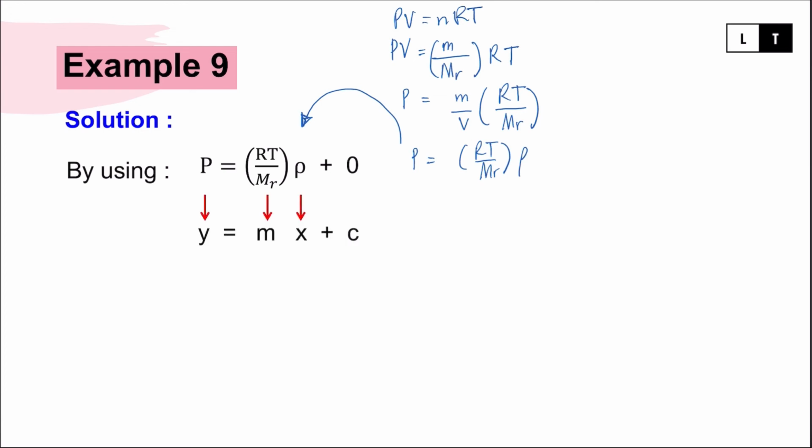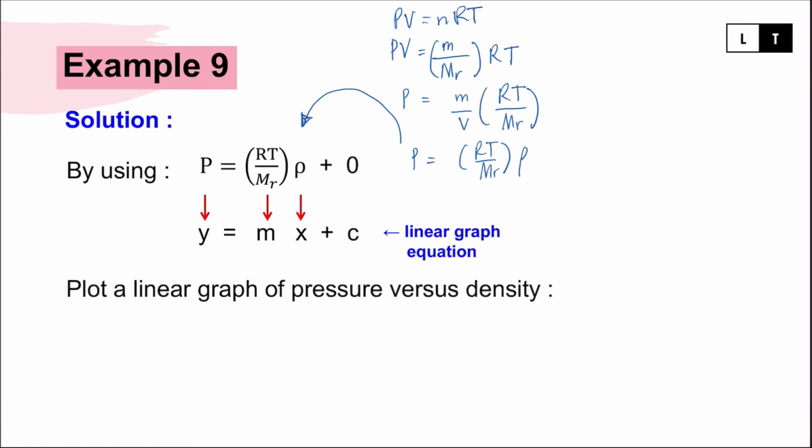Your y-axis is going to be the pressure and your x-axis is going to be your density. We will plot the linear graph of pressure versus density, and you will have this.